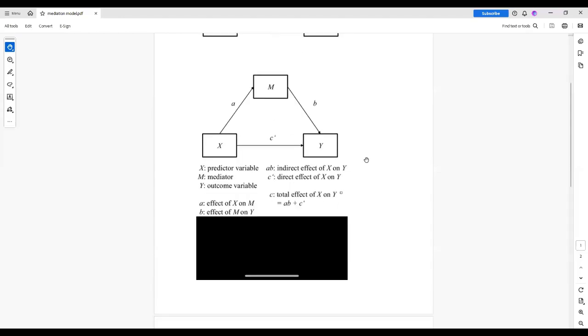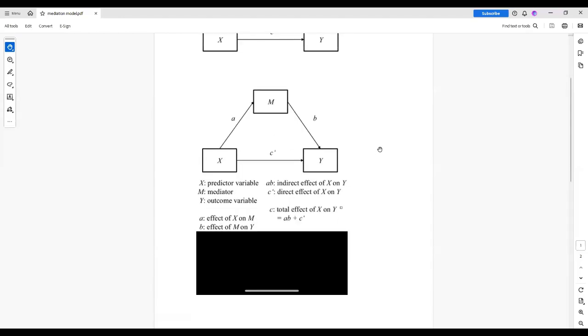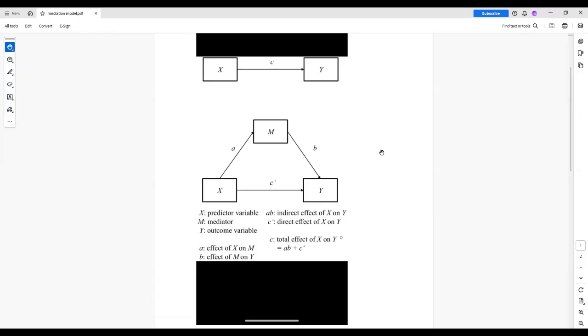I know this is a little bit complex statistical explanation, but if you see the slides of the group supervision for the methods assignment, it will be clarified better in the session. But I wanted just to let you know that path B and path C prime are actually pure direct effects that have been controlled for irrelevant effects.